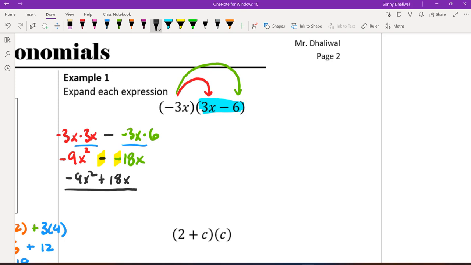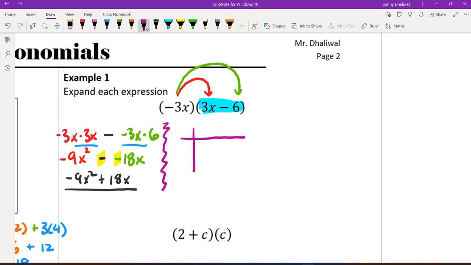Okay? Now for the people who are more visual, you can use something called the area method. And to do that, we set up a times table. Okay, just like that. You take your single term here.